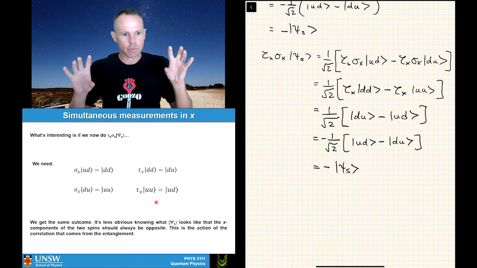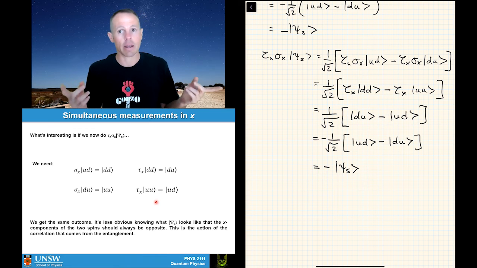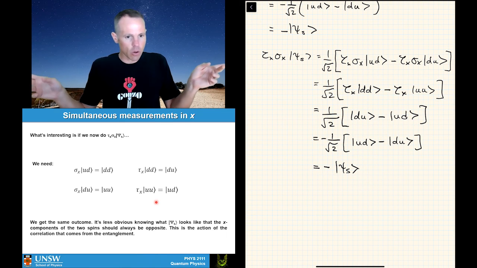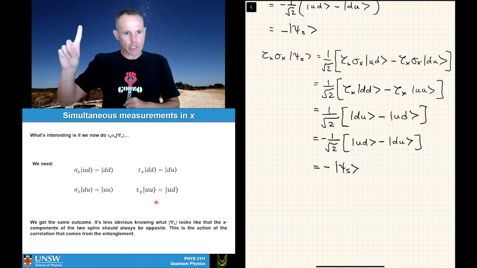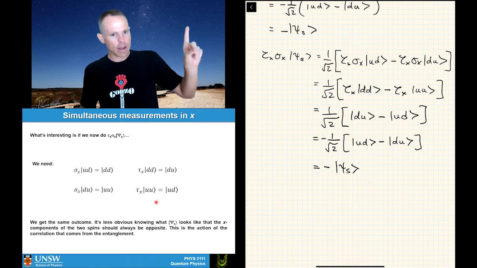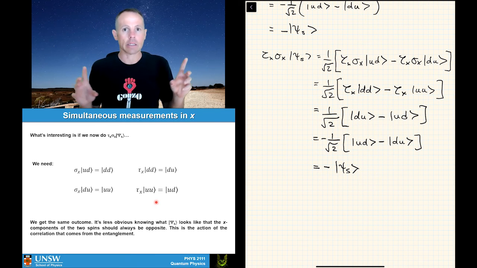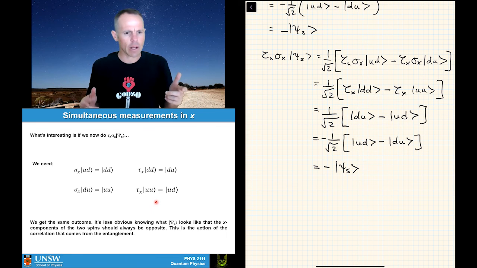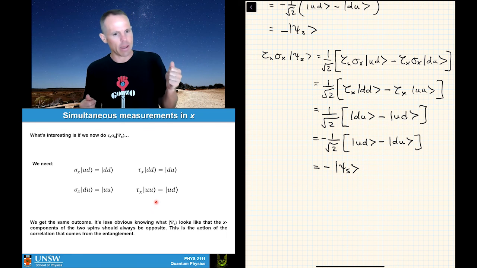So people argue, oh, maybe what we should see is only the correlation in the Z measurements, and then in the X and Y measurements, we should see random things, because if you measure up, you get 50% left and right, and if you get down, you get 50% left and right. But then what we'd be saying is that depending on the direction that we measure in, we can make the correlation between the two particles either be there or not be there, okay?